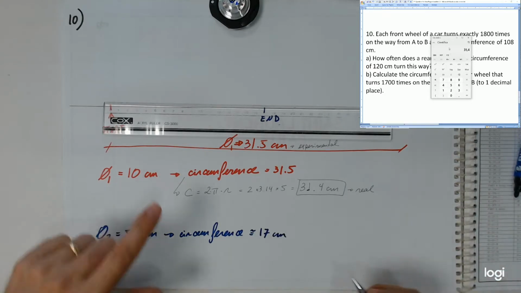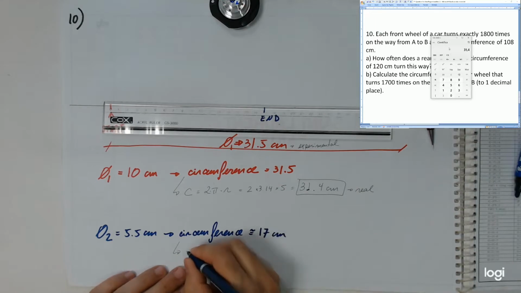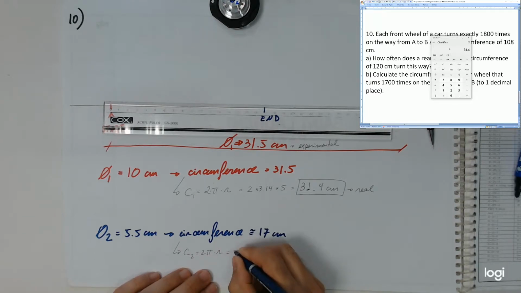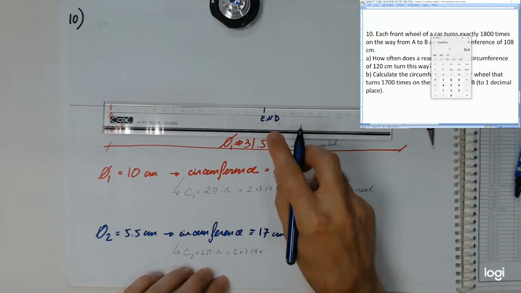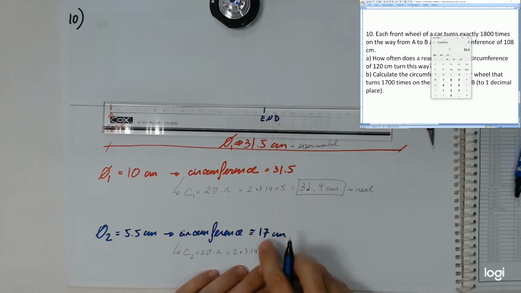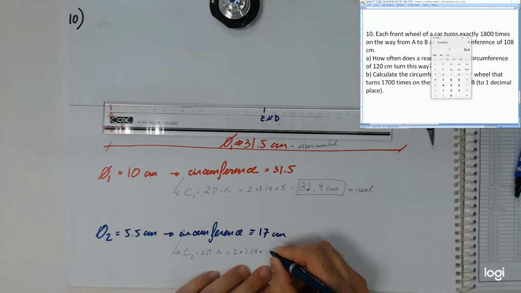Now let's go through the real data, using the formula. Circumference 2 is 2 pi times the radius, 2 times 3.14 times the radius. The radius for this one is about half of this, right? The radius is just half of the diameter. The radius is going to be 8.5.